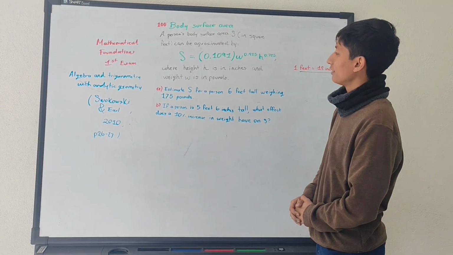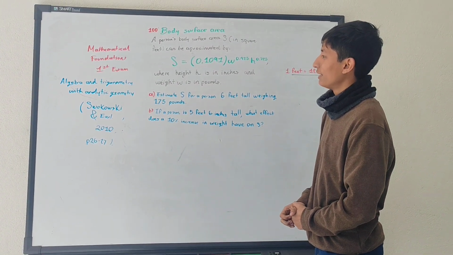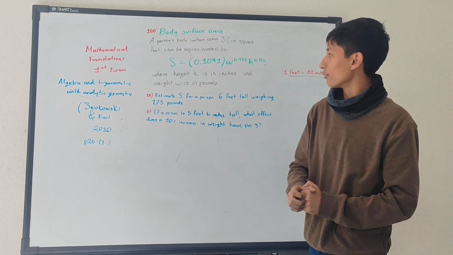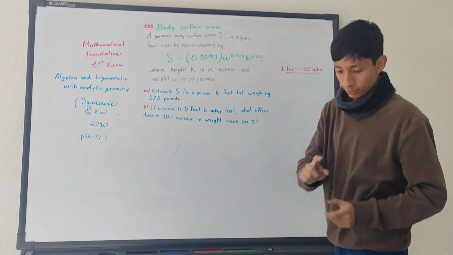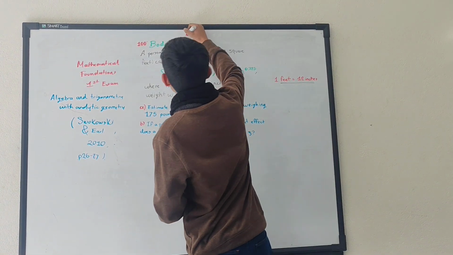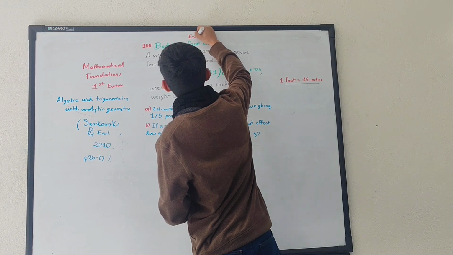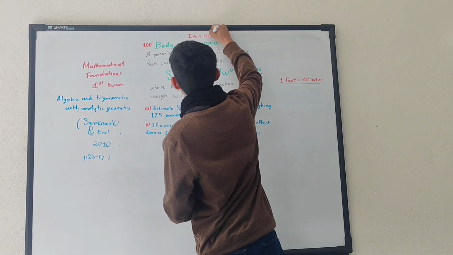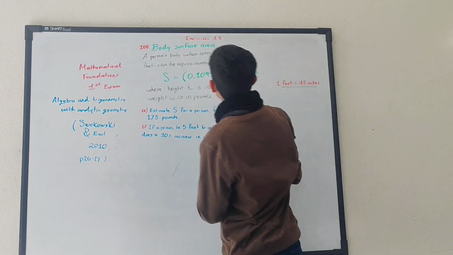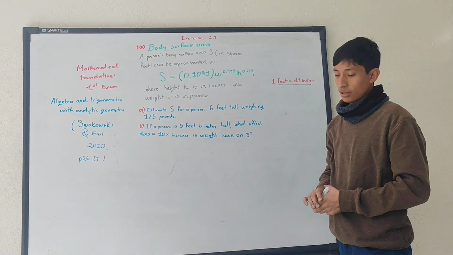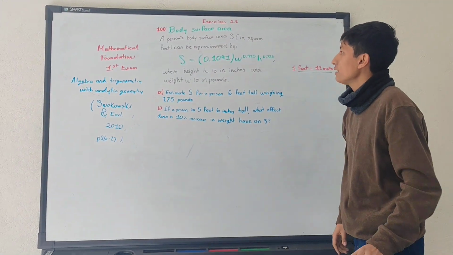Well, teacher, here's the other problem, and I'm going to read it. Oh, my mistake, this is from exercises 1.2, number 100, body surface area.